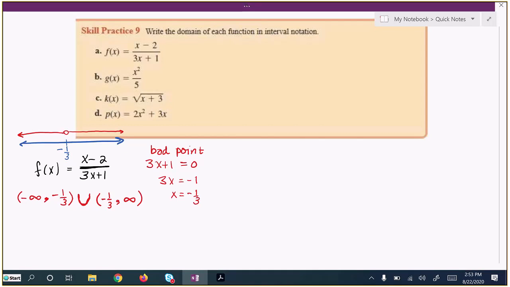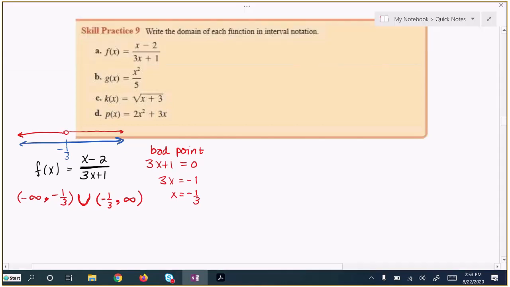All right, let's look at part B. B is g of x equals x squared over 5. So I need to make sure that the bottom of the fraction is never 0. Any point that would cause the bottom to be 0, I would want to exclude, but the number 5 is never equal to 0, so I don't have to exclude anything.